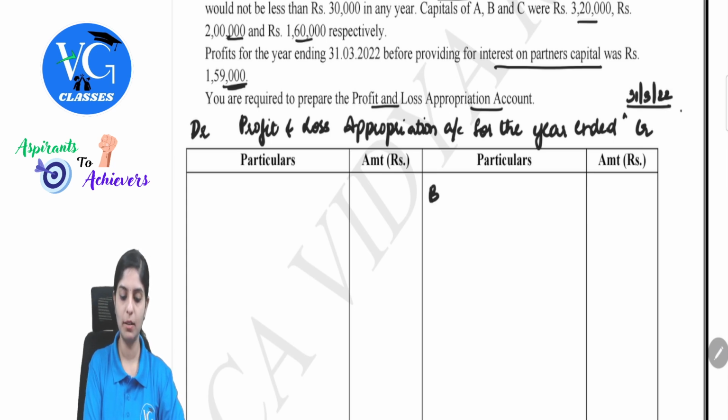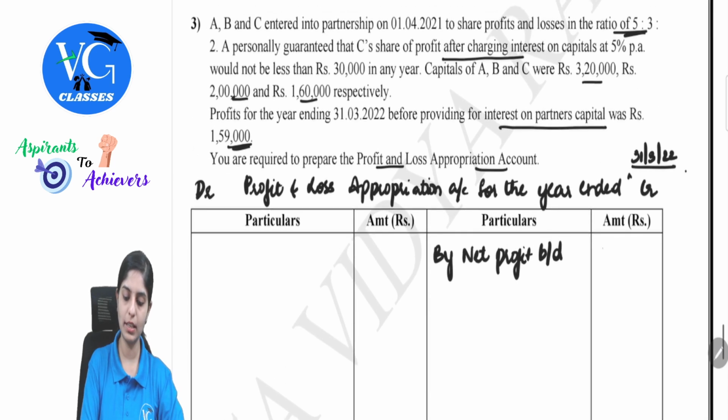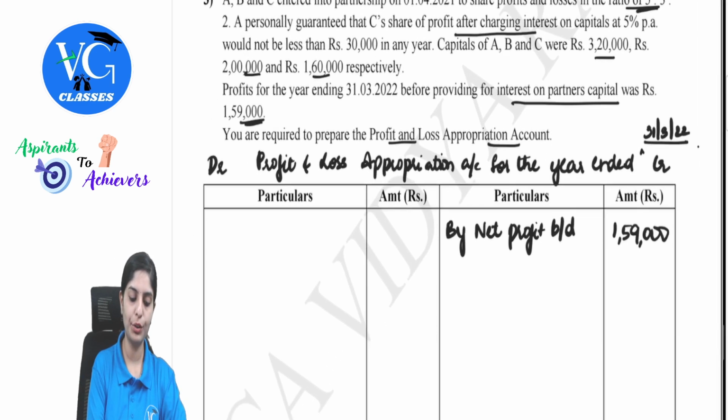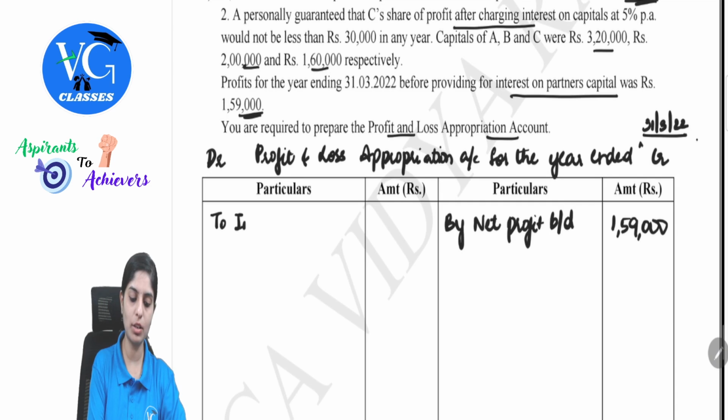So first, bringing down the net profit. By net profit brought down, how much is given? 1,59,000. The question says there is interest on capital. First, we need to provide this and then apportion the profit. To interest on capital, because this is an expense to the partnership firm.